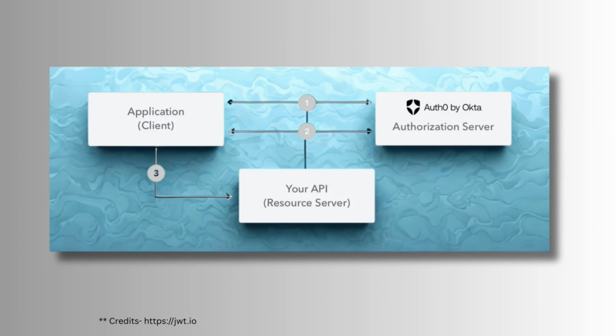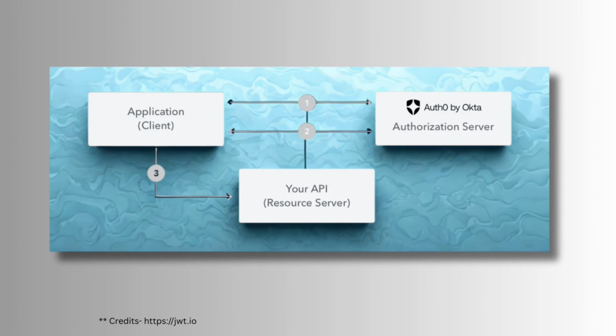So first time user will send the login information. He'll be issued an access token back, and for every subsequent request, instead of the user giving username and password, this access token will be sent over the internet, which will be received by the authorization server, and the authorization server will authenticate the user request and will give access to the requested resource. So here this access token will be the JWT token.